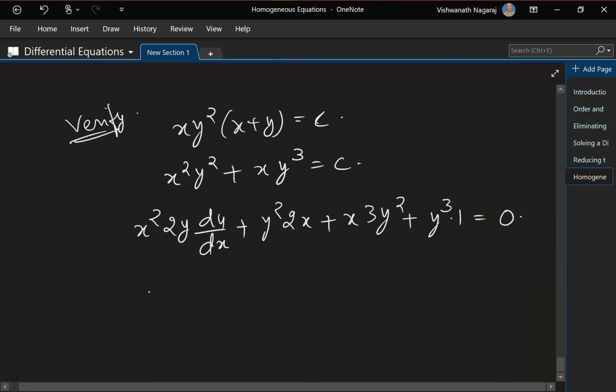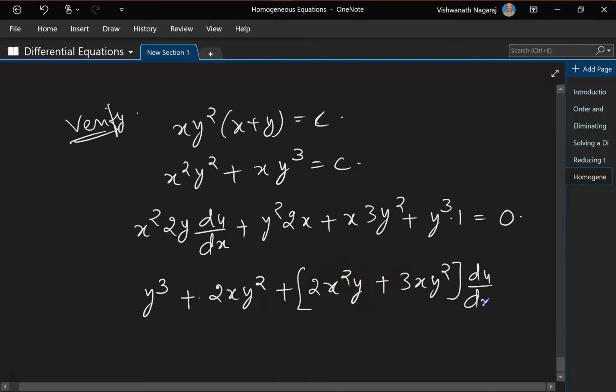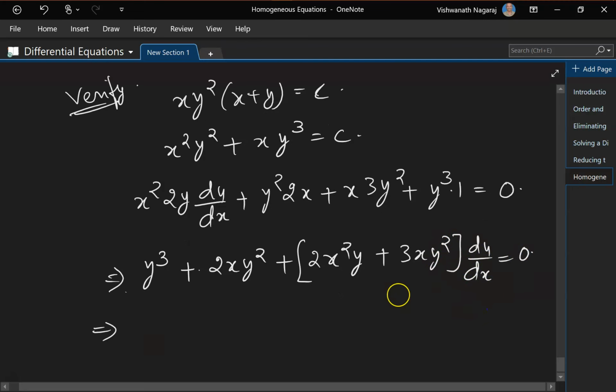Okay, so y cube plus y square 2x plus y square, 2x square y plus 3x y square dy by dx equal to 0. Now here y common, take it out, y square. So y plus 2x plus, now here x and y are common.